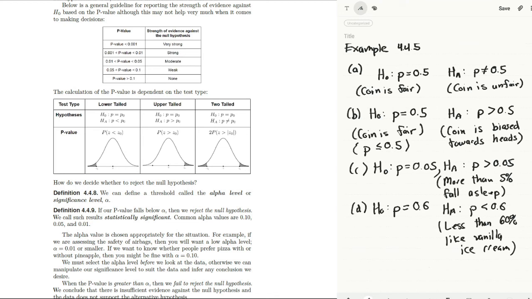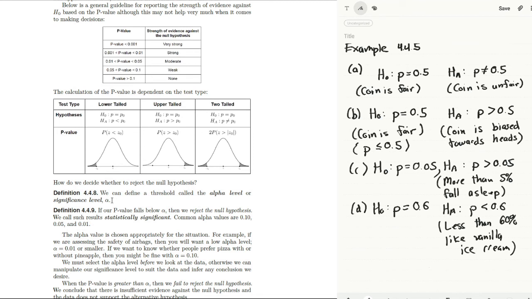So once we have calculated the p-value, how do we decide whether to reject the null hypothesis? In other words, how unlikely does the probability need to be in order for us to reject the null hypothesis? Well, we can define a threshold called the alpha level or the significance level.